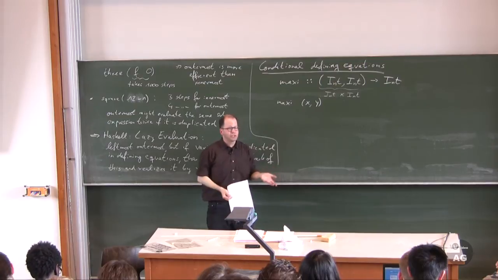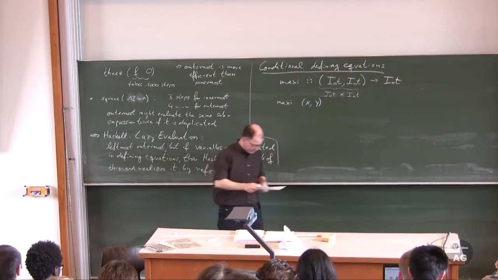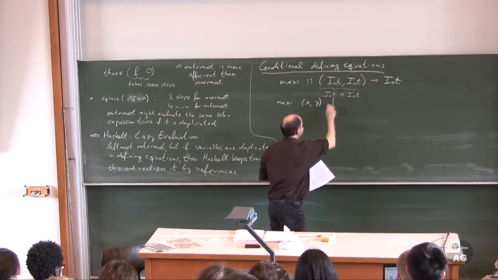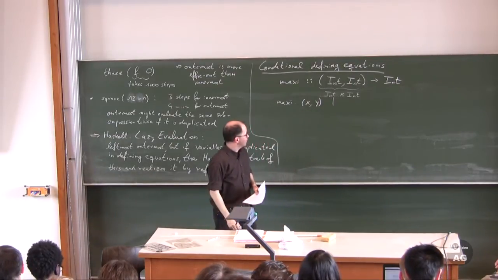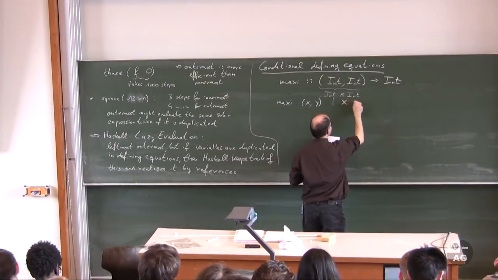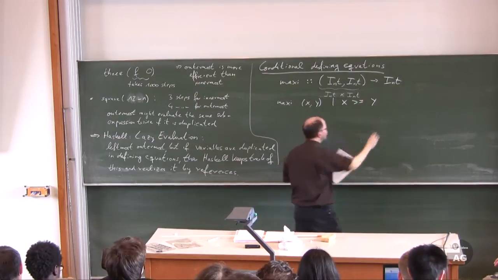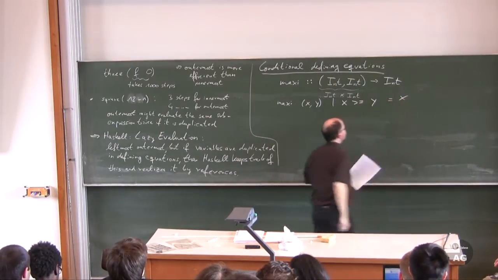So now we need a condition. We have to test whether x is greater than y or y is greater than x. In Haskell, you can do this by writing a vertical bar behind the argument. And now comes the condition. If this condition is fulfilled, if x is greater or equal than y, then the result should be x.